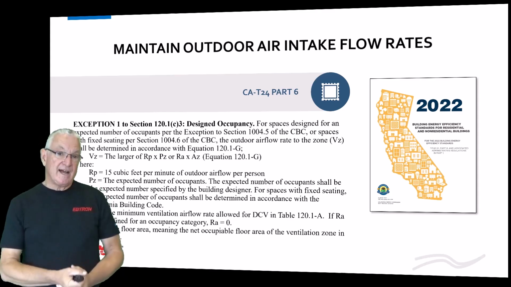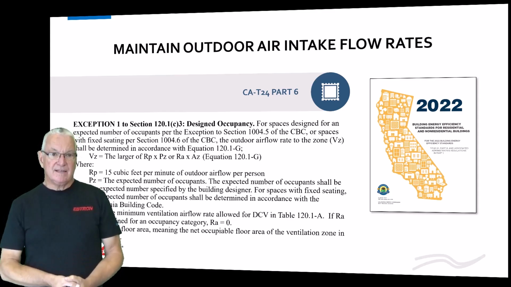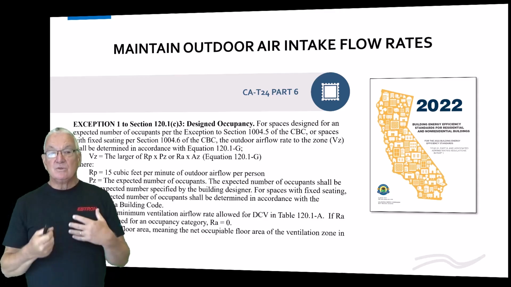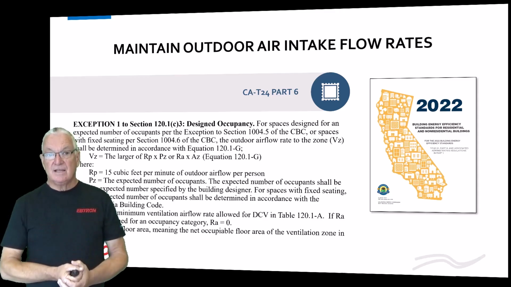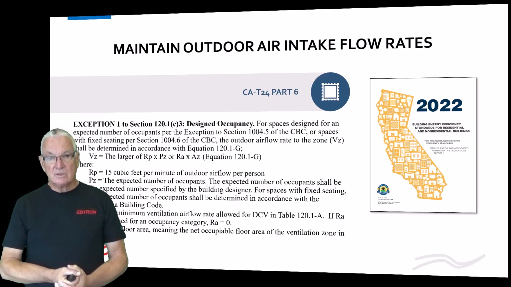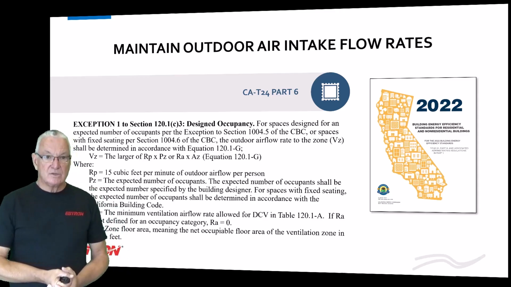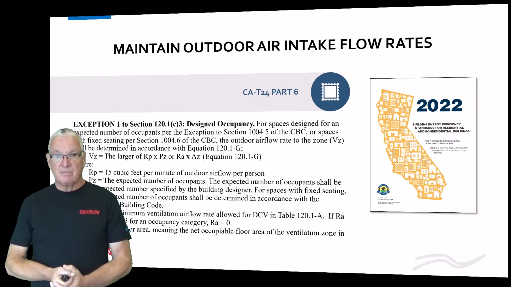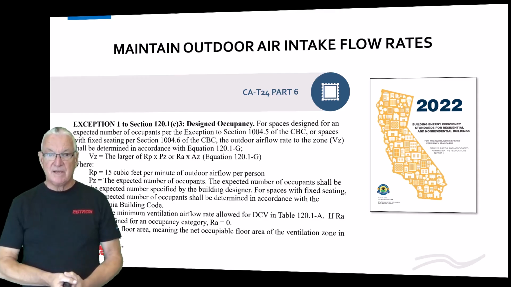It's the one thing I actually do like. When you look at Standard 62, I think you find that for some spaces, the outdoor air required is just simply too low, okay? I like that Title 24 is 15 cubic feet per minute with a lower limit based on the space type.